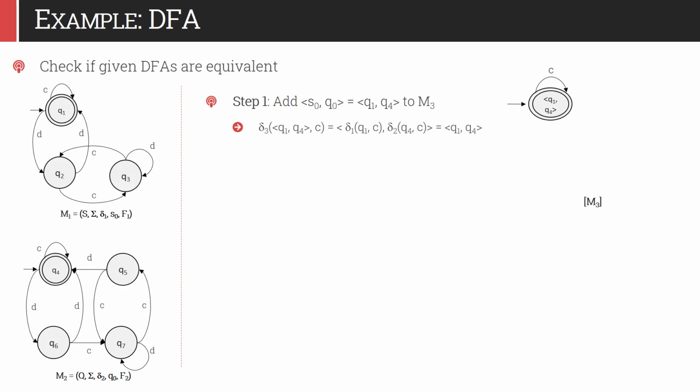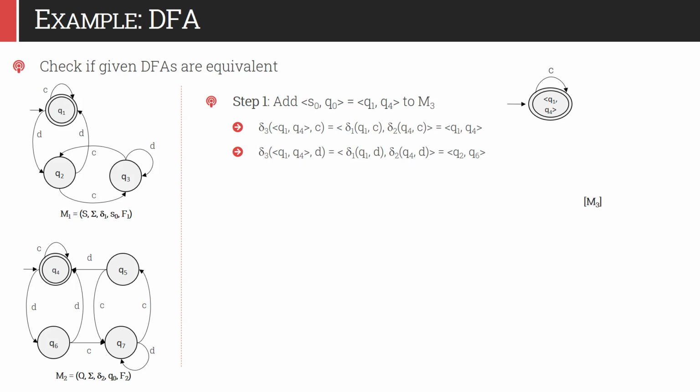Now we will explore it for the other input alphabet, that is D. So delta 3 of Q1, Q4 on D is given as, now we have to split it, delta 1 on Q1, D, comma delta 2 on Q4, D. Let us look at M1. When we read D from state Q1, we move to state Q2, and in M2, if we read D from state Q4, we move to state Q6.